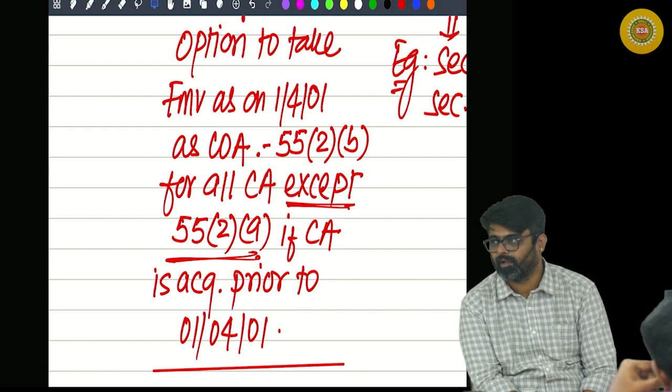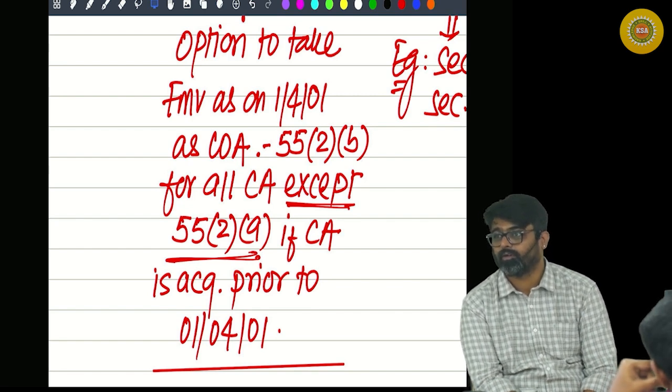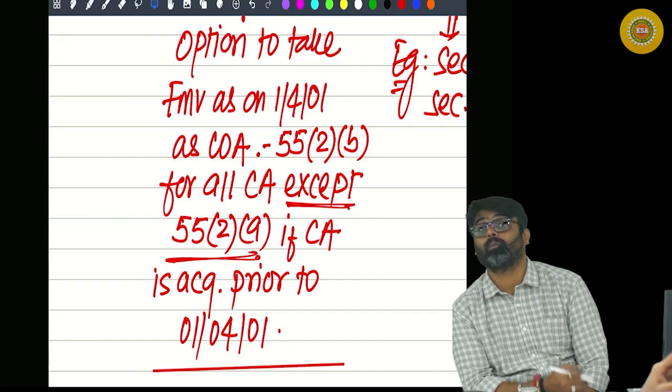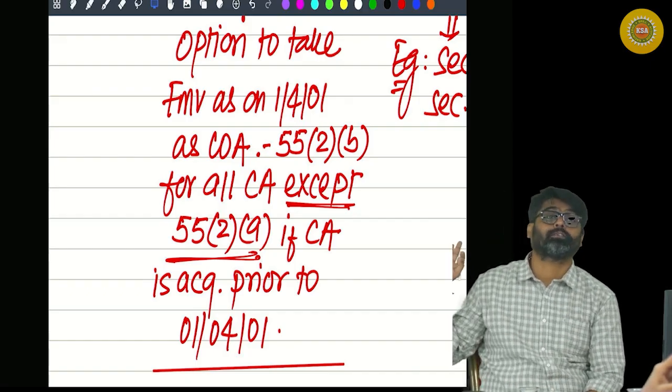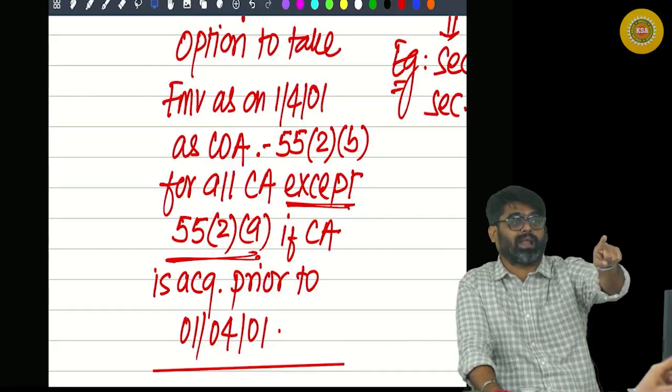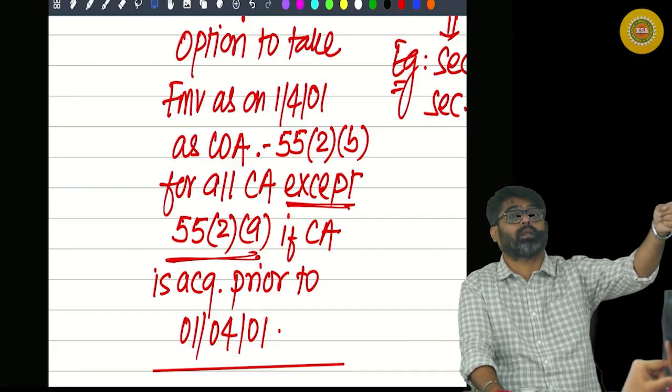Will you get the option to take the fair market value? The option is available for all assets, so for the right shares acquired by you prior to 1st April 2001.